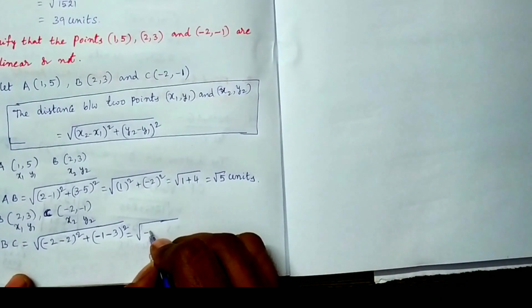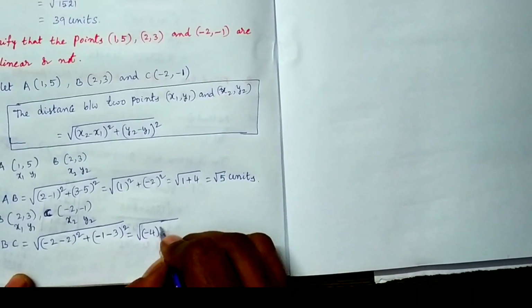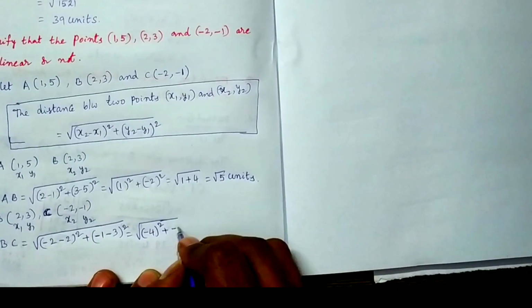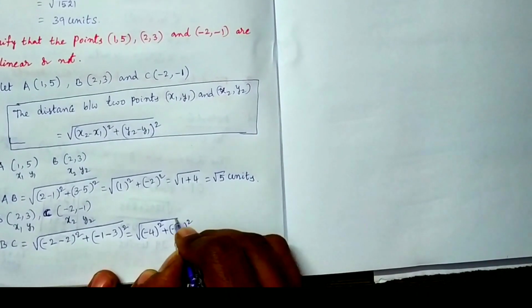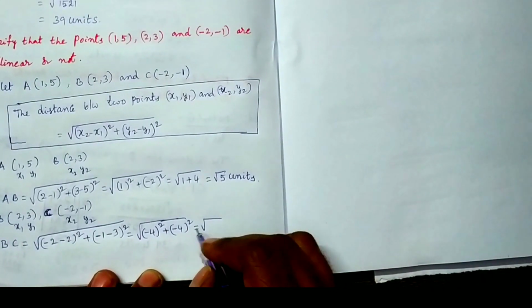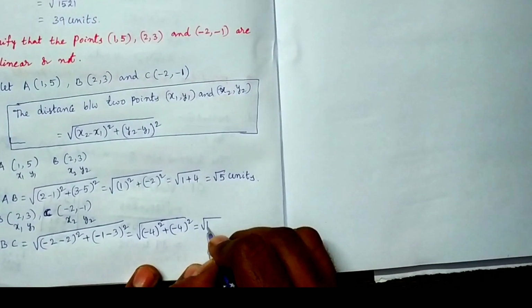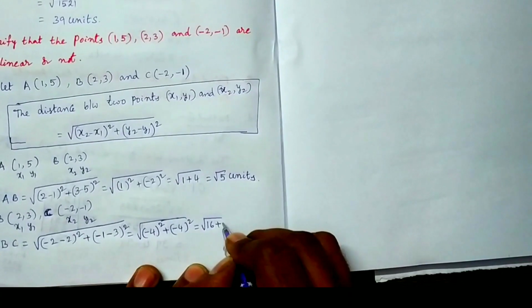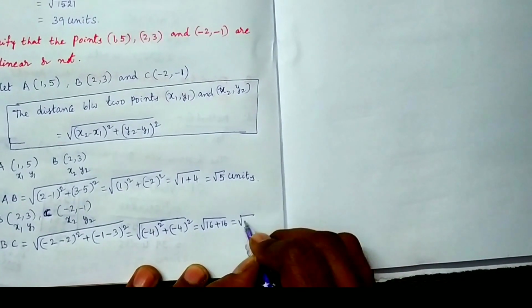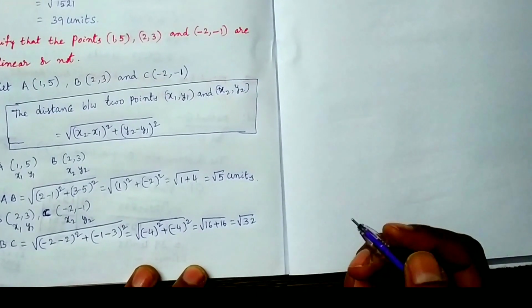After adding these terms, we get (-4) whole square plus (-4) whole square. Minus 4 into minus 4 is 16. So 16 plus 16, that is root 32.